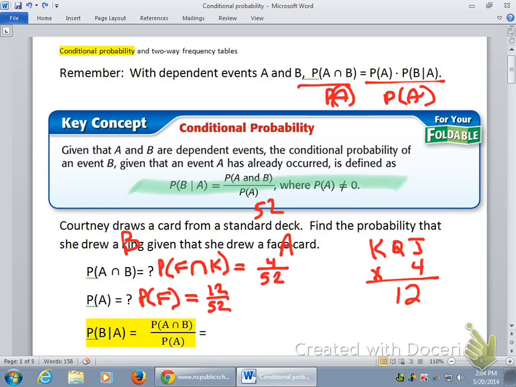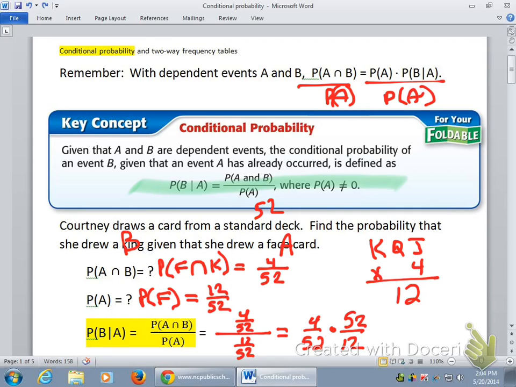Well, now I just put them together and do the math, right? So I've got 4 out of 52 divided by 12 out of 52. And you have to remember your fractions now. How do you divide with fractions? That's right. You change it to multiply by the reciprocal.